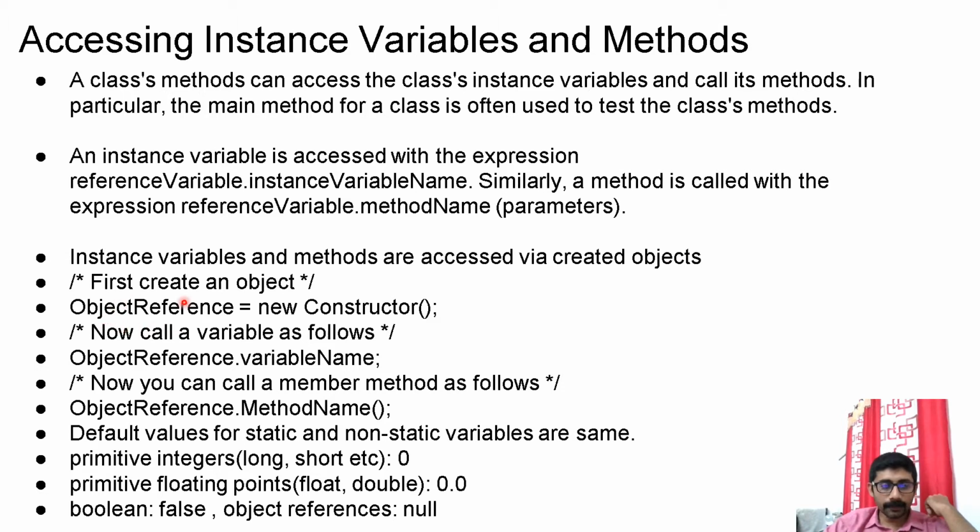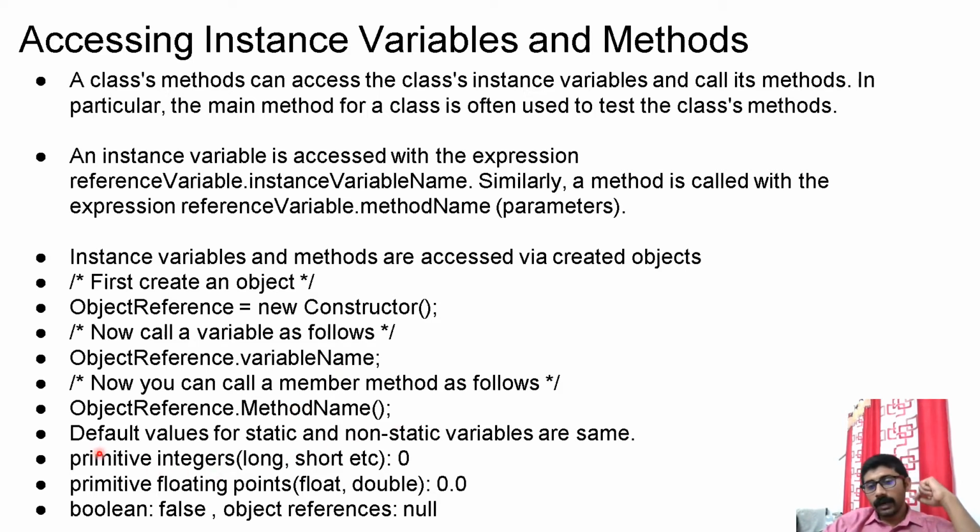So this is the example. You have a reference variable, you are creating some class, this is actually the class name. So here you have an object reference. Now to access the members of this particular object, you have to use the object name dot variable name or object name dot method name.